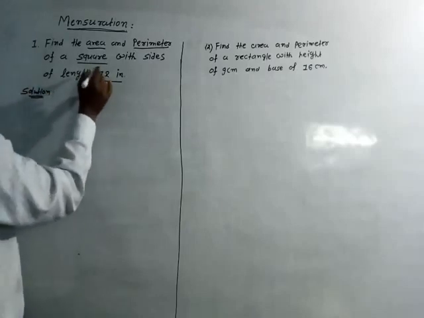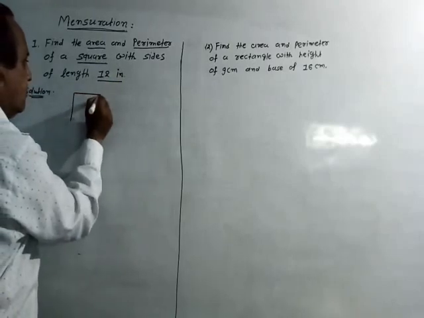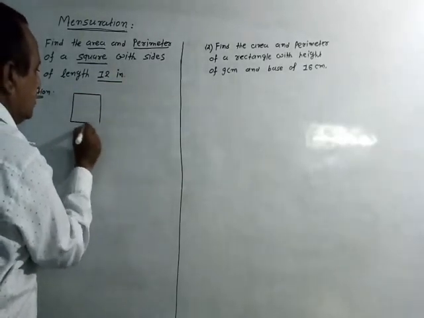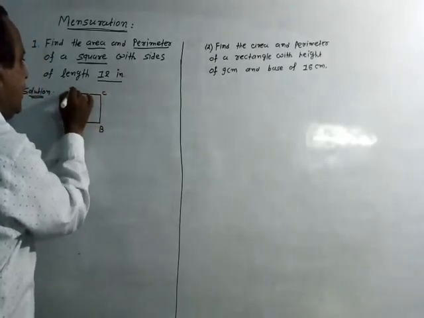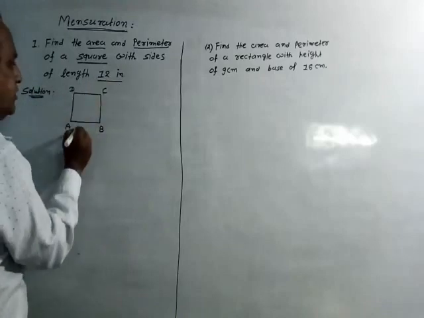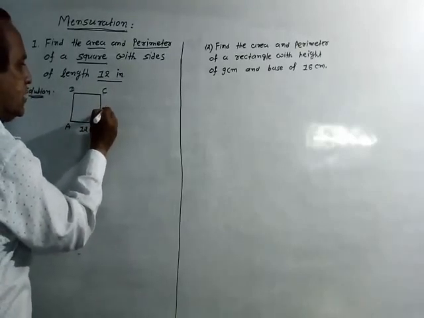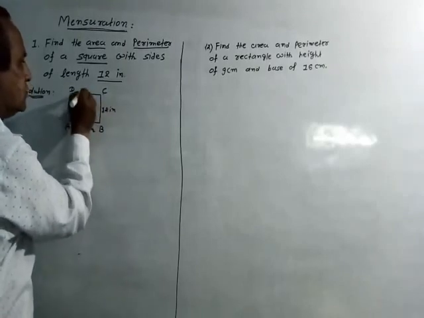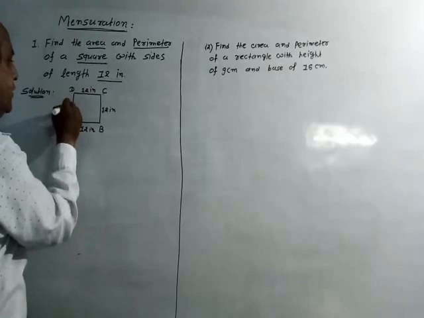Here is the given square, ABCD. The length of the side AB is 12 inch. Similarly, BC is 12 inch, CD is 12 inch, and DA is 12 inch.